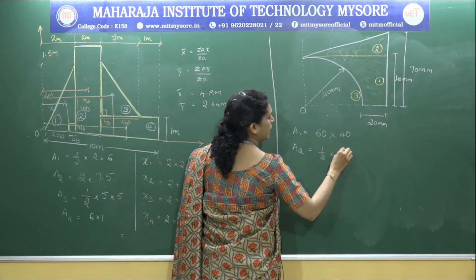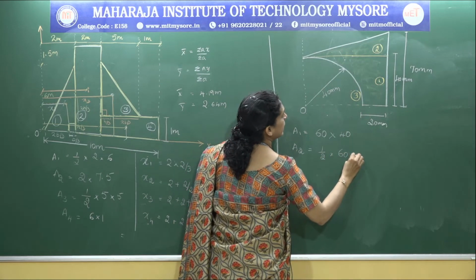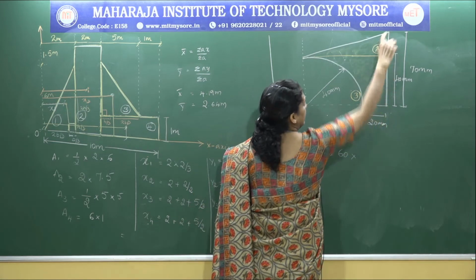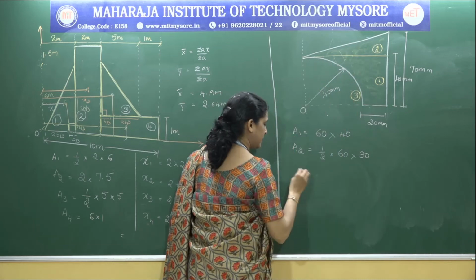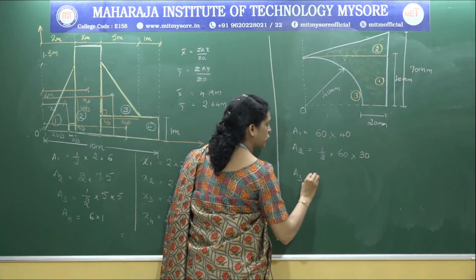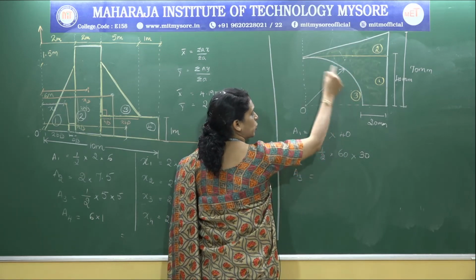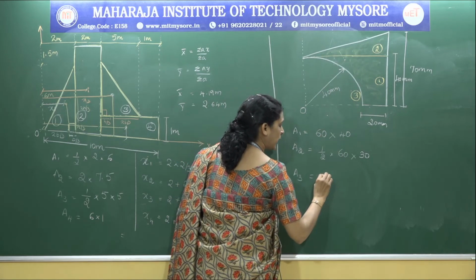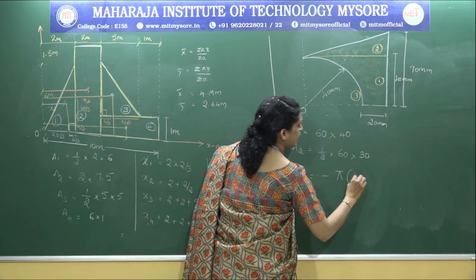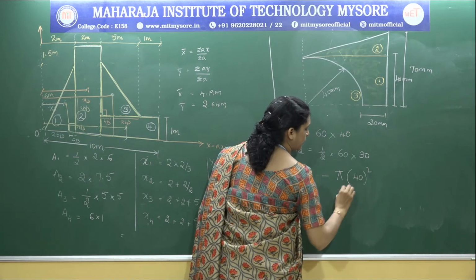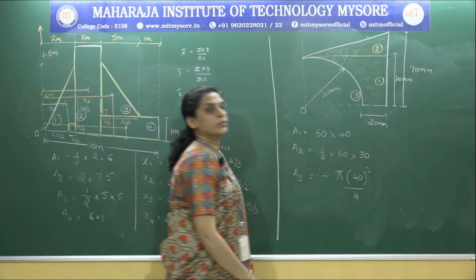Half into base is 60 into height is, base is 30 into height is 60. Area of the third section. So third section is a quadrant of a circle. We will have to consider it as negative, minus pi r square by 4.